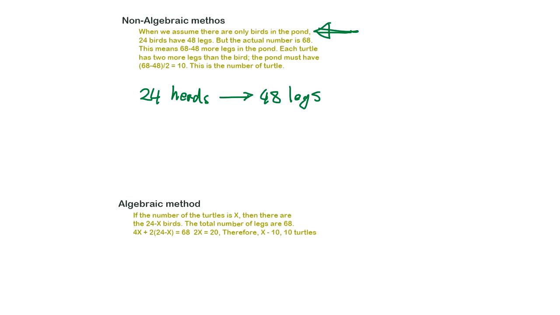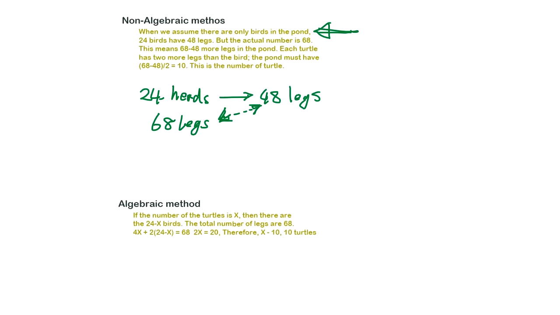But the child counted and got 68 legs. What's wrong? Because some of them are not birds.